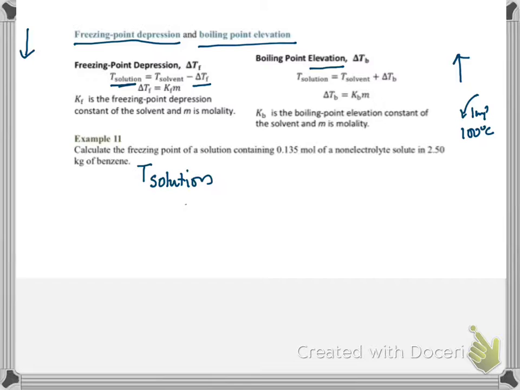To calculate T solution, what do I need? I need the freezing point of the solvent, and then I need to find delta TF. What is delta TF? It is Kf times molality.